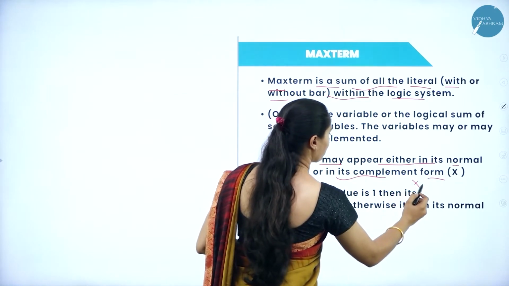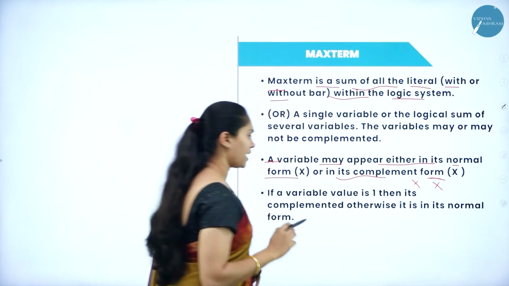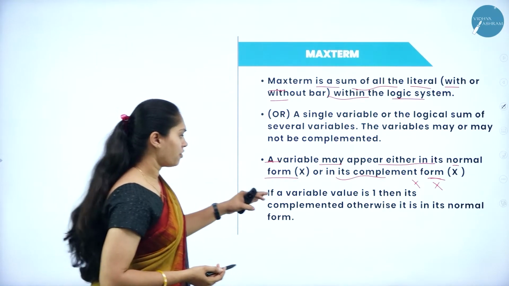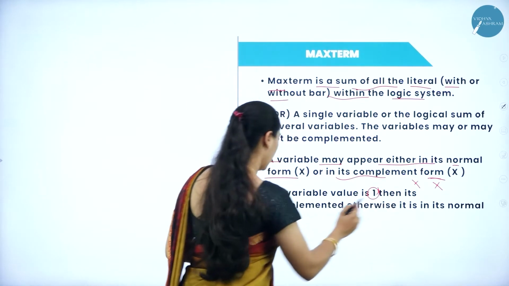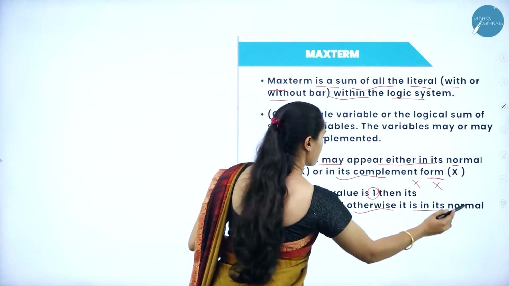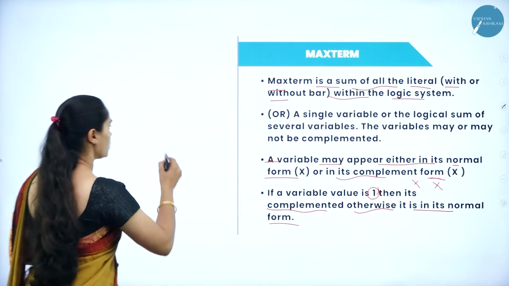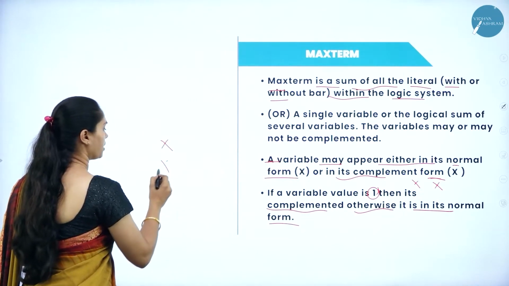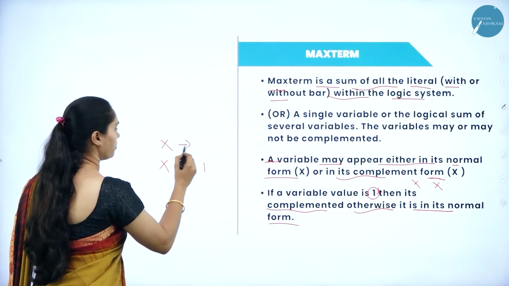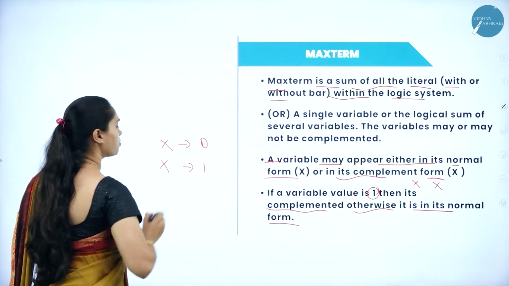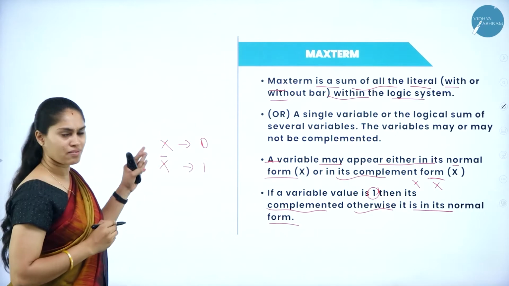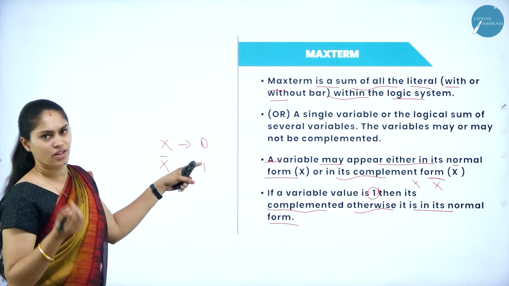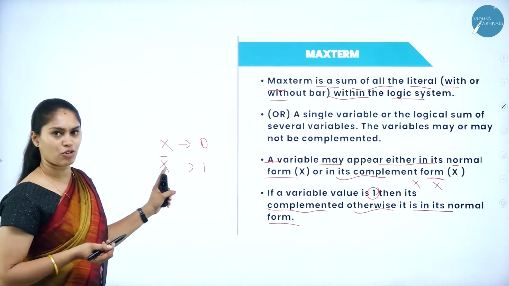That is, if it is a normal x, if it is complemented it will be x bar. So if a variable is 1, then it's complemented, otherwise it is in its normal form. In the maxterm, the complemented one is going to get more weightage.